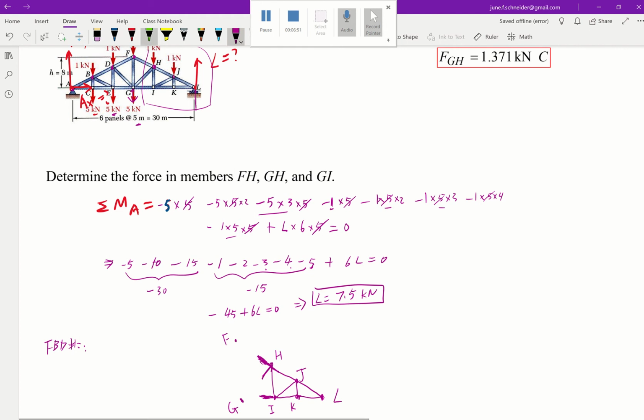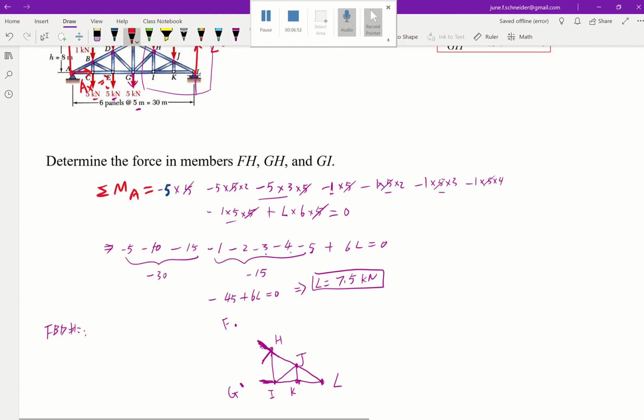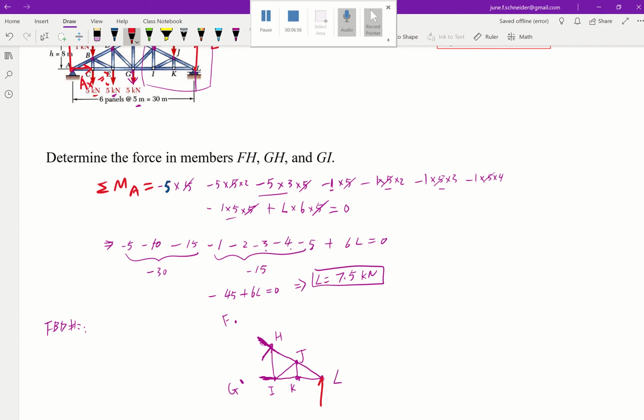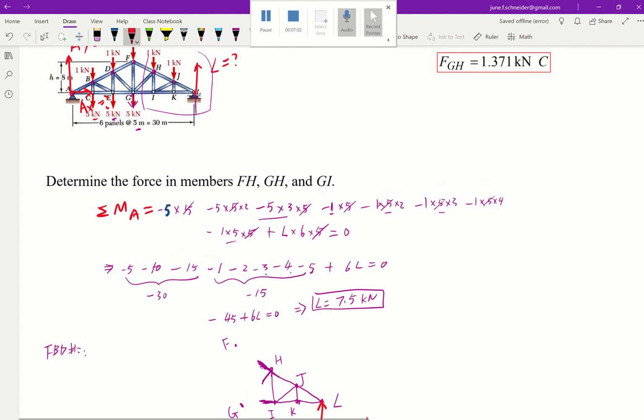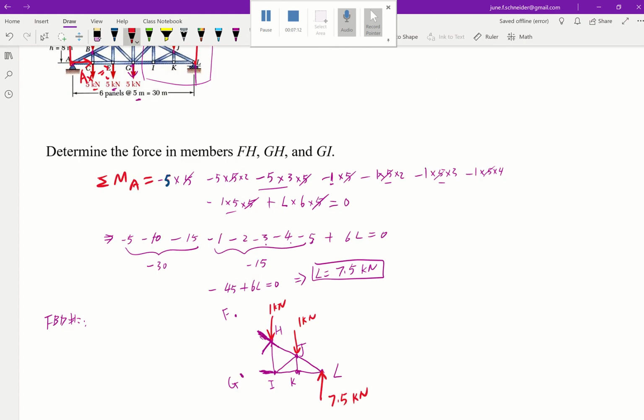Now we're going to draw all the forces on it. We had to figure out the reaction at L is 7.5 kilonewton. And also there is external force at H. At J, they both are 1 kilonewton each. Then when you cut it, those three members are going to have three unknowns.